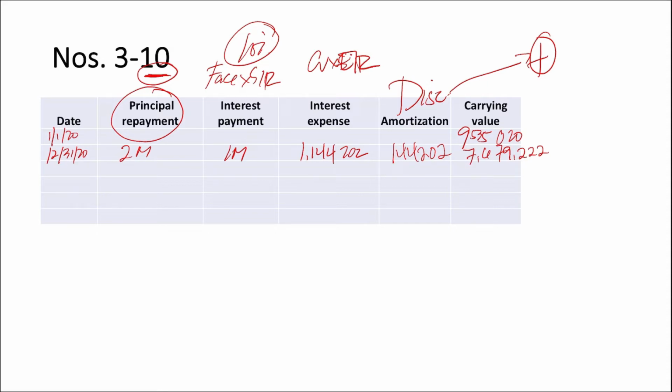Okay, tuloy na natin. Tapusin na natin agad. Kayang-kaya na natin ito. Principal repayment is still 2 million. Interest payment, 800,000. Kanina na-compute na natin yan, no? Interest expense, magkano na lang? 921,507.